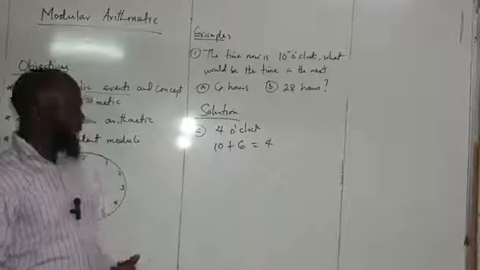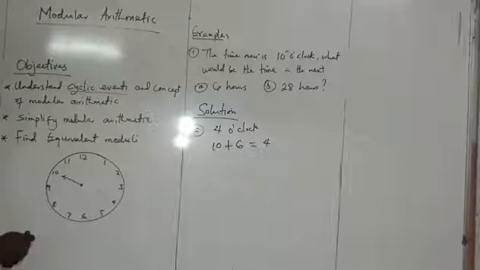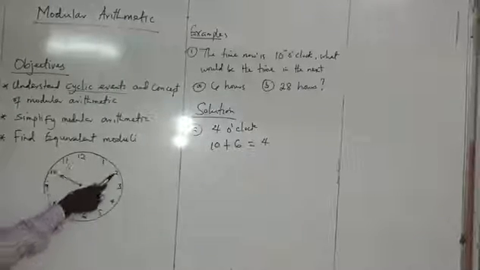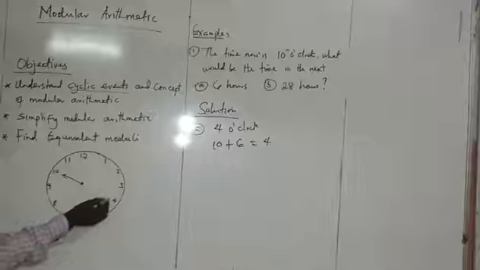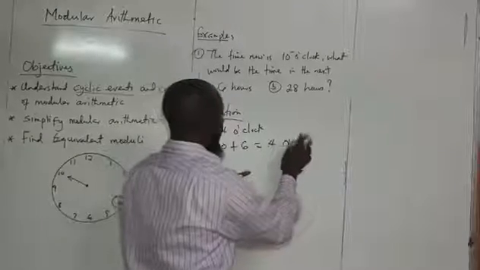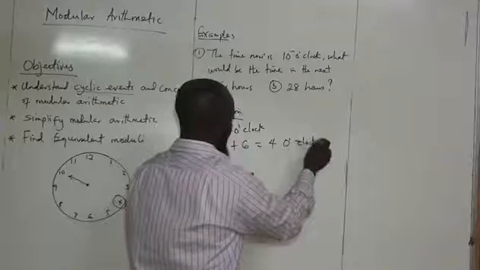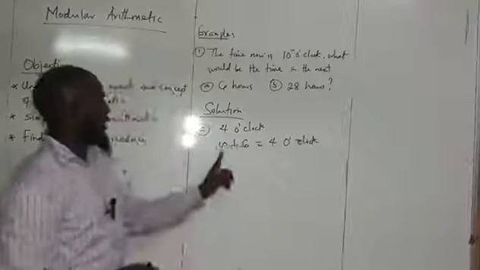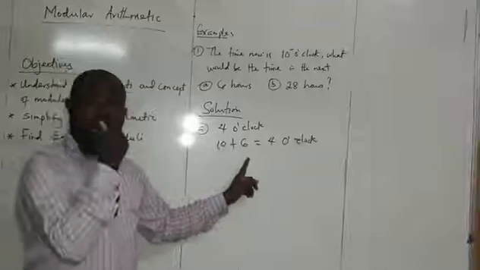Ordinarily when we count, we have counted from here 1, 2, 3, 4, 5, 6. We stop at 4. That is why it's 4 o'clock. But we are asking, why will it be 4? 10 plus 6 is supposed to be 16, right?